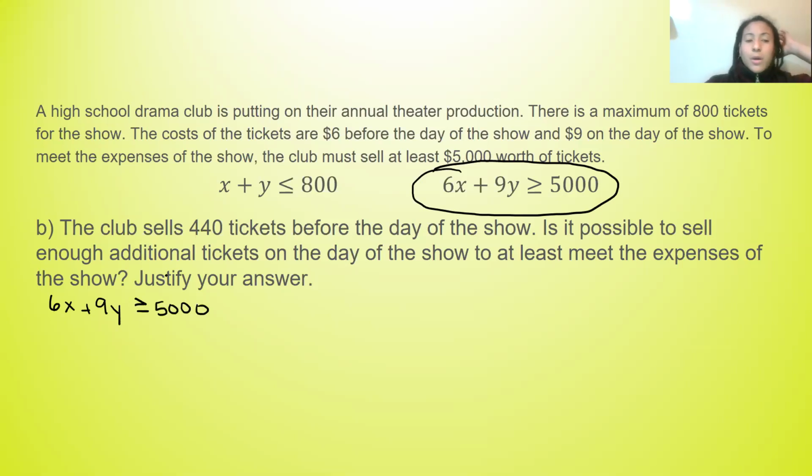But now what do we know? It says the club sells 440 tickets before the day of the show. What did X represent? The day before the show. What did Y represent? The day of the show. So in this case, we're using before the show. So that represents our X value. So now we're going to substitute in 440x.